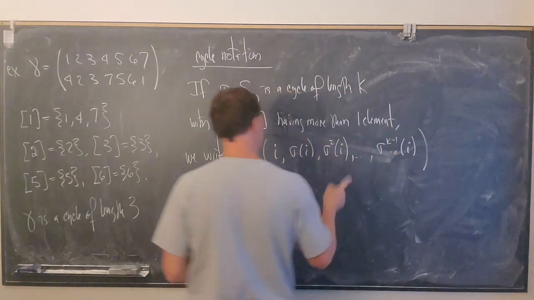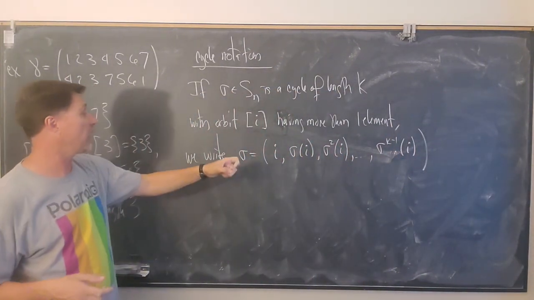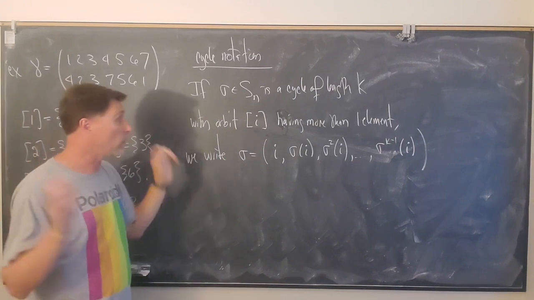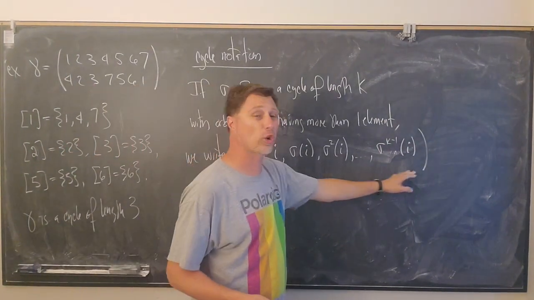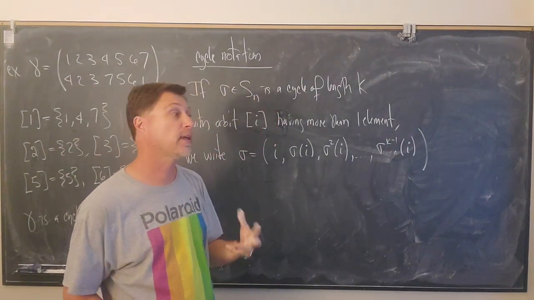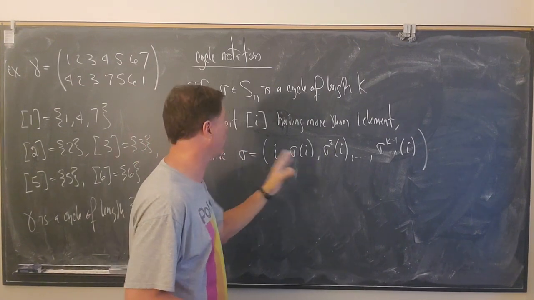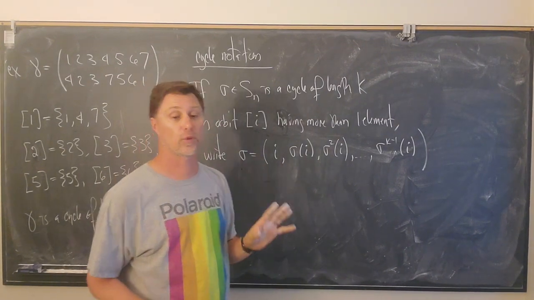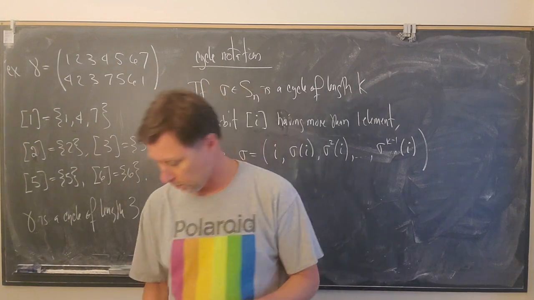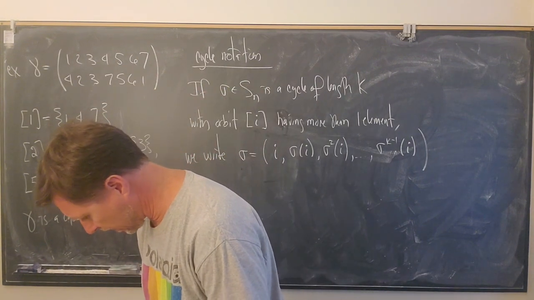This is going to be the notation that we use to define sigma. So when we write what looks like an ordered k-tuple down, we'll be describing a certain permutation of the numbers 1 through n. Okay, so let's jump right to an example.